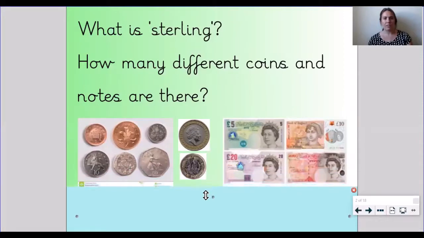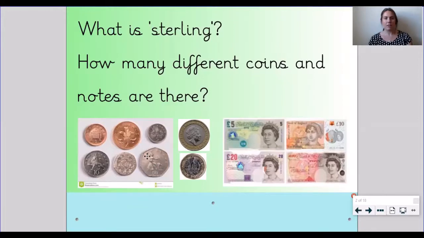We've got some coins and some notes that you can see if you can recognize any of them. We've got a 1 pence coin and a 2 pence coin, and then we've got 5, 10, 20 and 50.